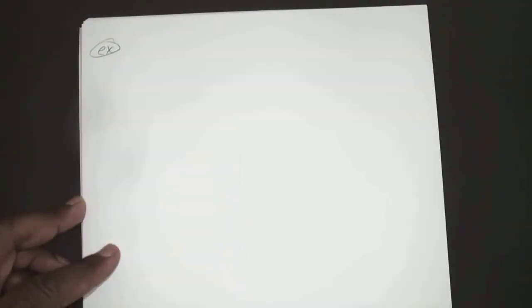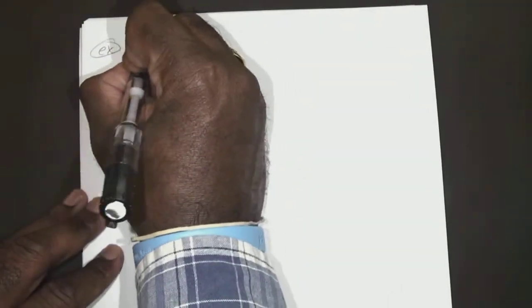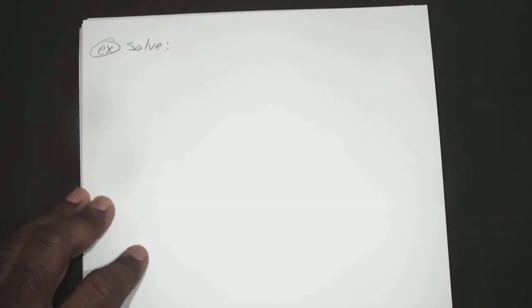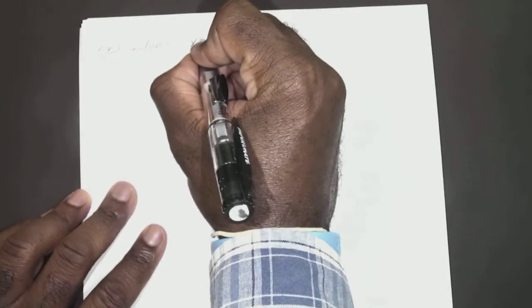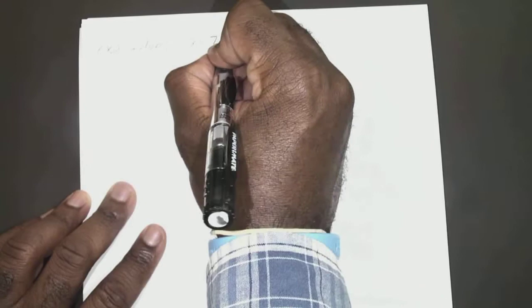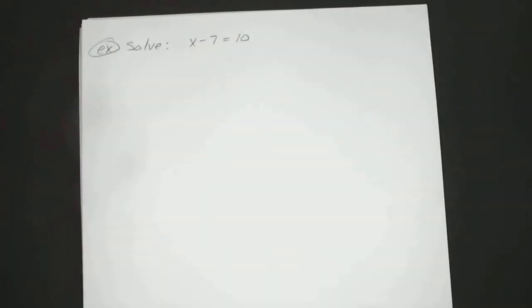Okay, so let's say, for example, you wanted to solve, and you can probably solve it right off the top of your head, but I'm going to show you, x minus 7 equals 10.